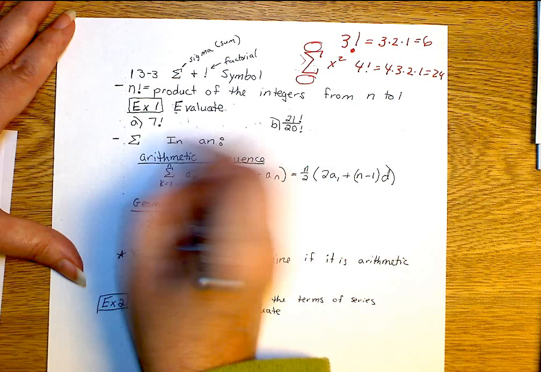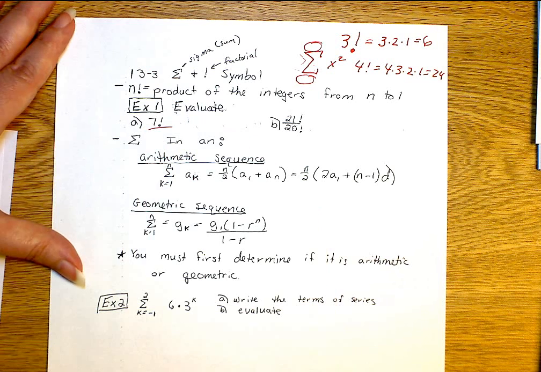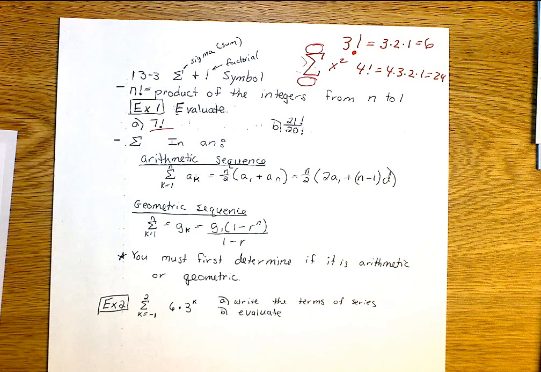I want you guys to try 7 factorial right now and give me a number. Factorials are only used with whole numbers.